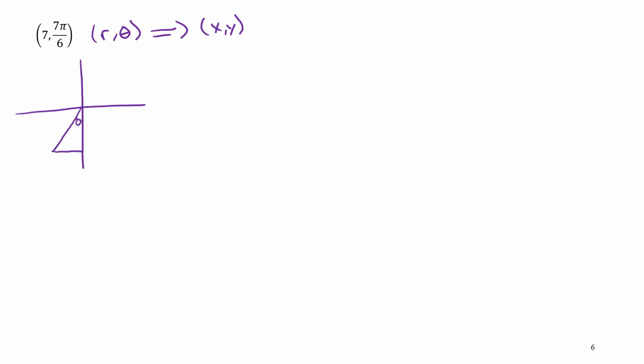We have our theta, and we know that our radius is 7. We do not know our x yet, and we don't know our y yet. If you remember from the previous slides, x is equal to r cosine theta, and y is equal to r sine theta.